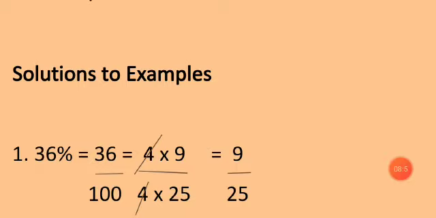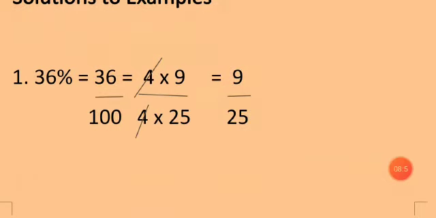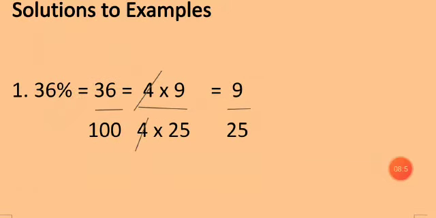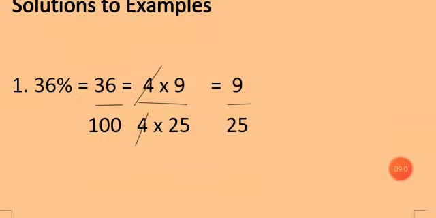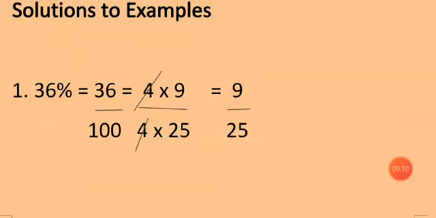Solutions to the examples. Number 1, we have 36%. 36 is a whole number, similar to the works we have done previously, isn't it? So 36% means 36 out of 100, which equals 36/100.